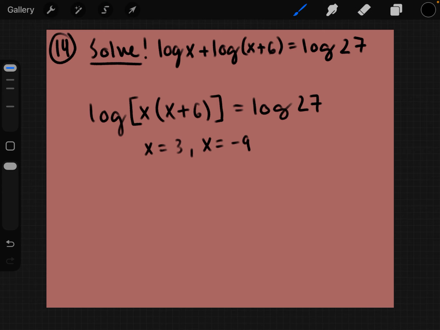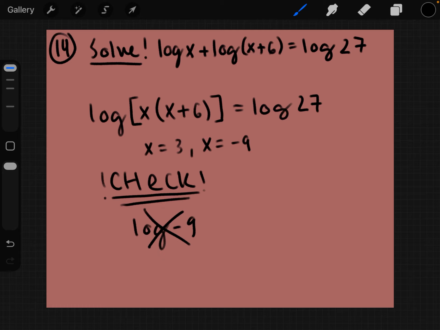Now we have to check, but we've got log x, so it's going to be really easy because we can't take a negative log. So immediately this doesn't work. So this cannot be a solution. So let's check 3. 3 plus 6, that's 9.